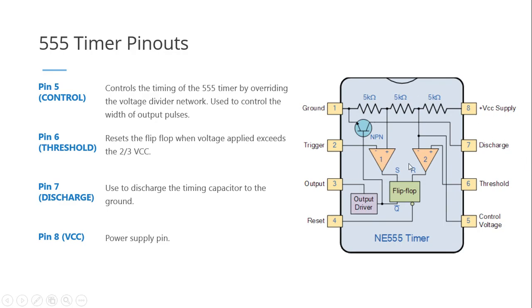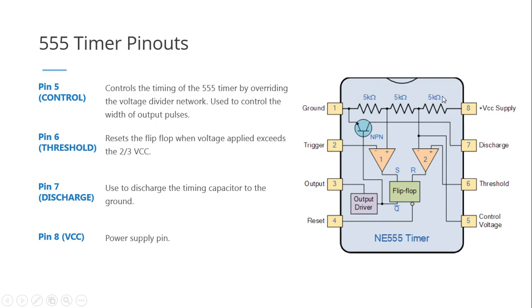Remember that we are using comparators here. So if you'll notice, the first comparator circuit is connected to one of the positive inputs, which is equal to the voltage absorbed in the 5 kilo ohm resistor, which is 1/3 of the total resistance here.